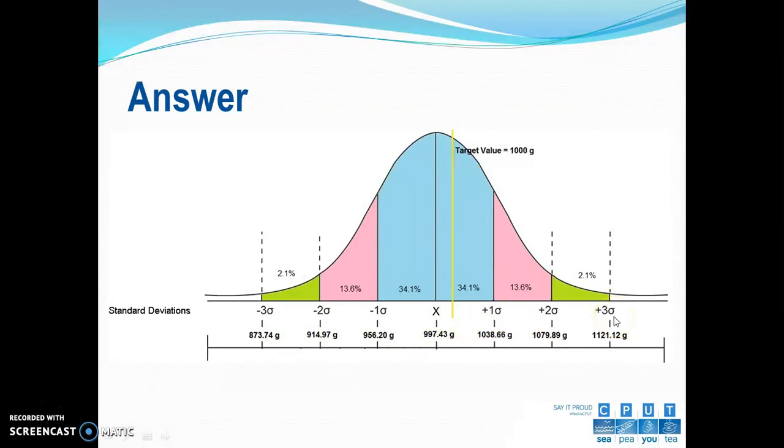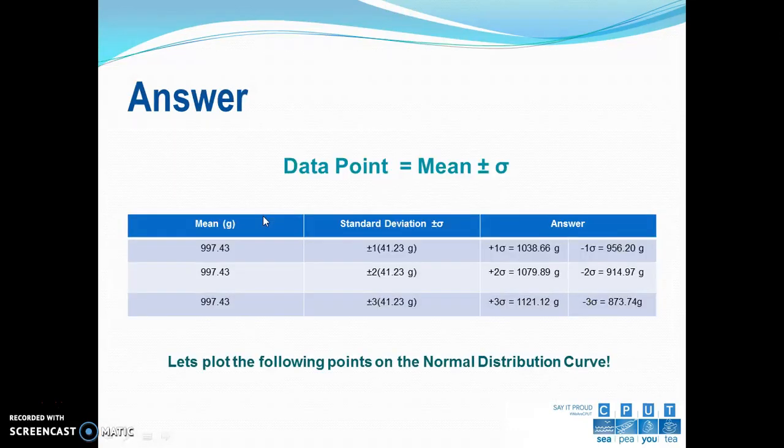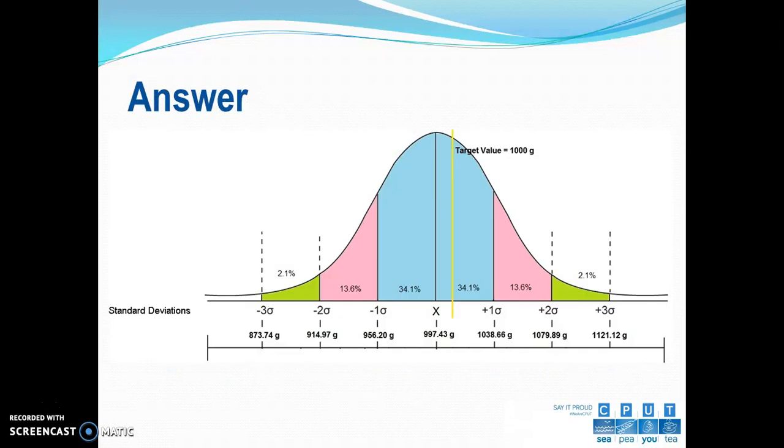So suppose that the target amount is 1000 grams. What percentage of the bottles will have less than the advertised amount of protein shake? The yellow line represents your target value, which is 1000 grams. So we have all of this information, but what is it actually telling us?